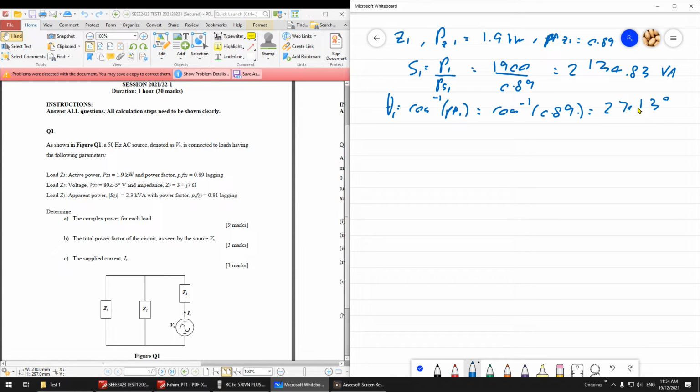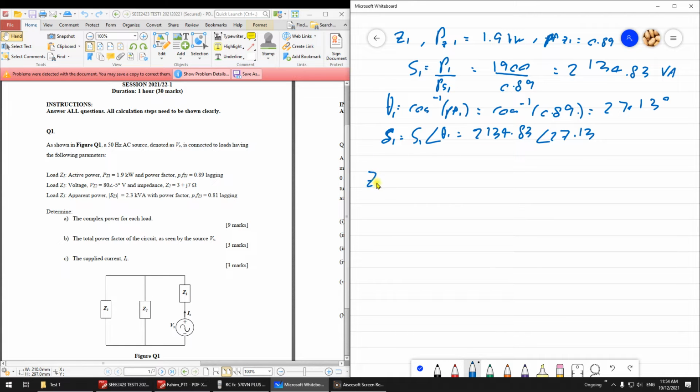Usually we take 2 decimal points. So now S1, which is the complex power, is S1 angle theta 1, so 2134.83 angle 27.13. So you get the first one.